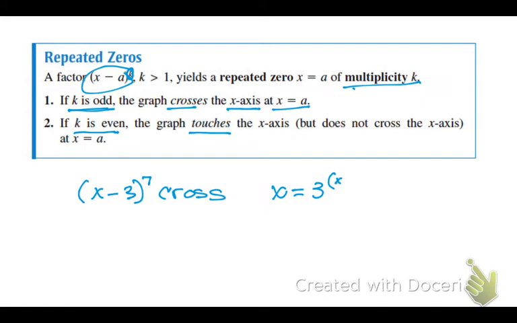I just put a little times 7. The book says mult 7, but I don't want to write it every time. Your problems will say state the multiplicity. If the multiplicity is 1, don't state it. Okay. So I have x minus 4 to the 4th. Does it cross or bounce? It bounces.